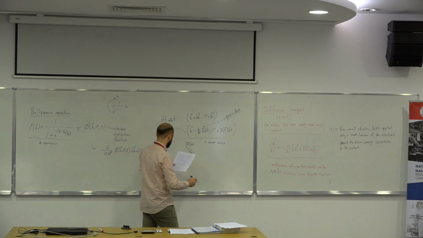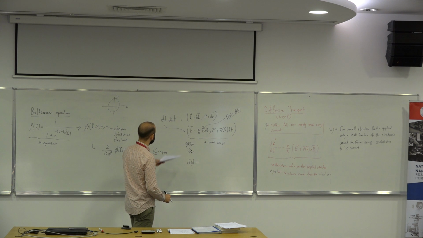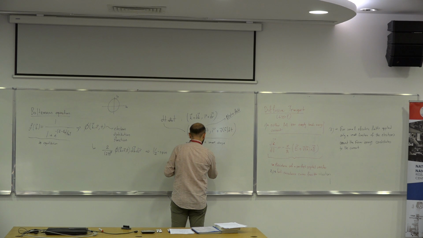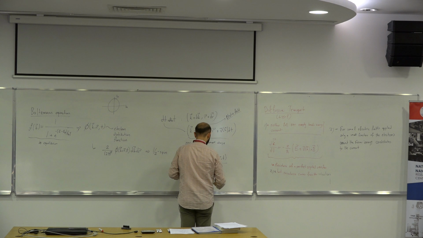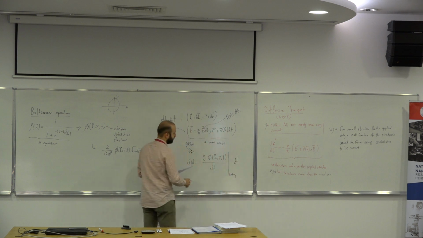Now, this distribution function will also change because of these changes. Okay, so this change can be simply written as the time derivative. So I'm looking at the scattering events, basically, times delta t.